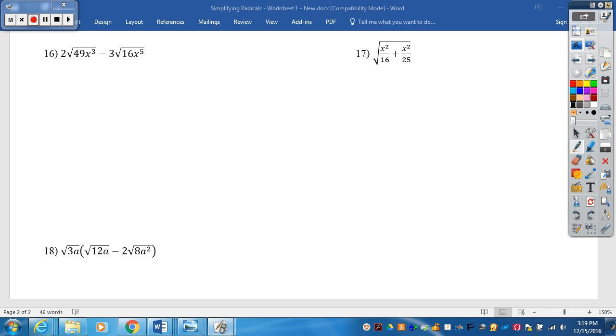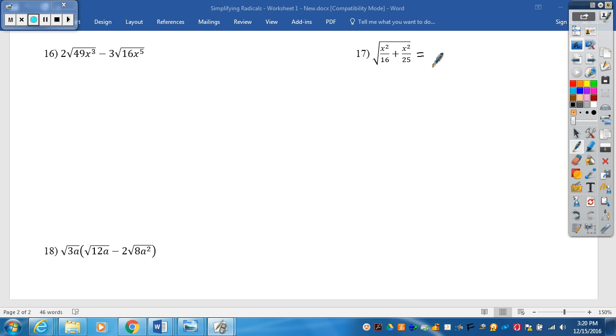Now, what I would encourage you to do is go back to the front side and look at number 4. Number 4 looks a lot like number 17, because we've got two terms, both of them being squared. And so I hope that you're understanding that in number 4, we couldn't cancel out the square and square roots. So in number 17, we can't cancel them out either.